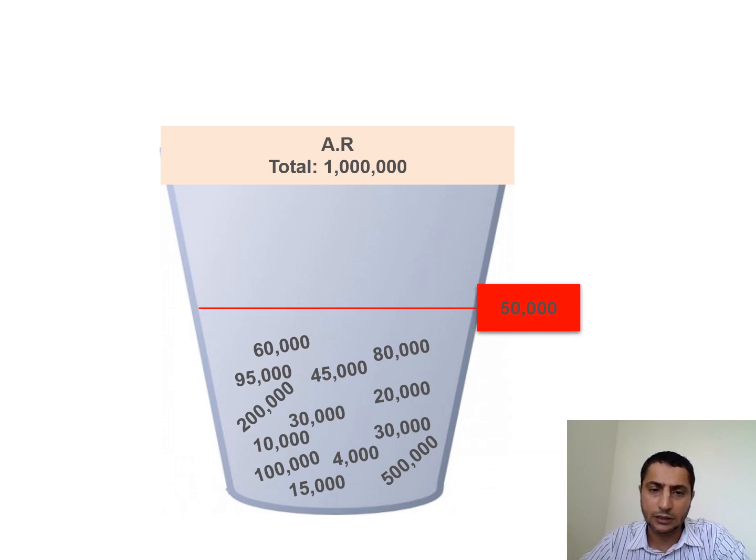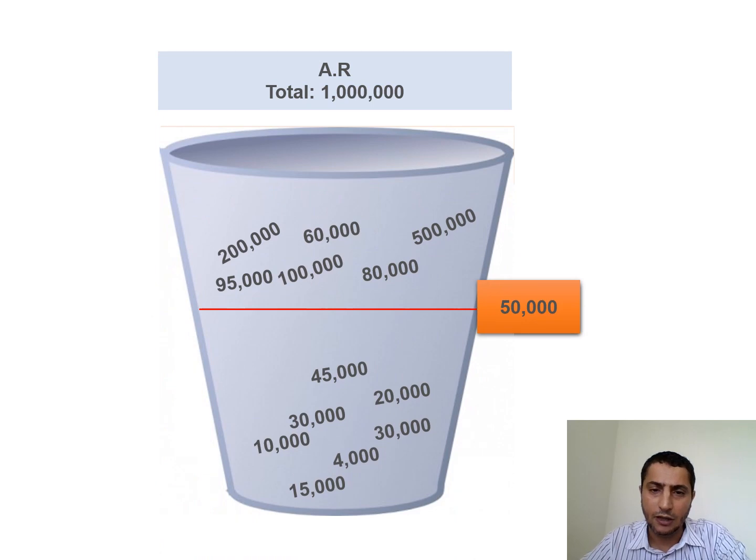If we set the materiality threshold at 50,000, we will have only those transactions which are above 50,000. The rest will be considered as immaterial transactions, to be not considered.